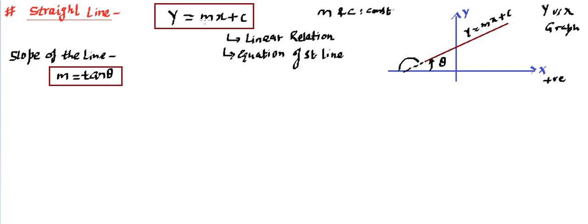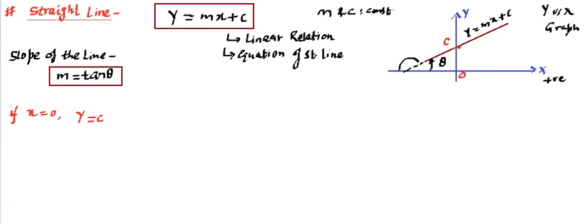So that's the first constant we know. What about the second constant? The second constant is known as the intercept. Now you see, in this expression, if we substitute x equal to 0, then you'll find y will turn up as c. That means whenever x becomes 0, y becomes c. That means x equal to 0 is this point, so this point is the c point.